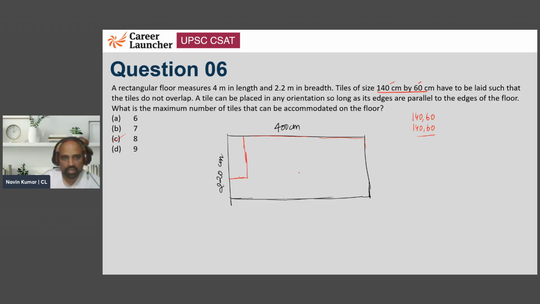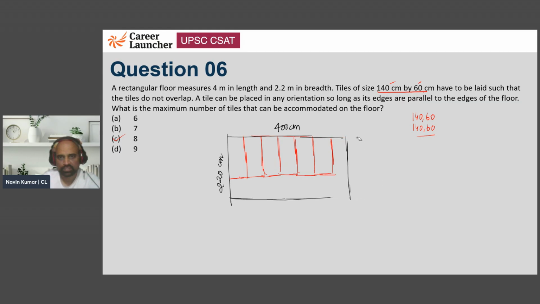So we will have 1, 2, 3, 4, 5, 6. This is 60 each. And then this is 40, so I cannot put anything there.